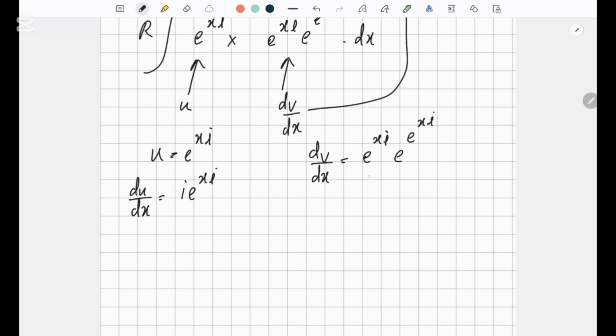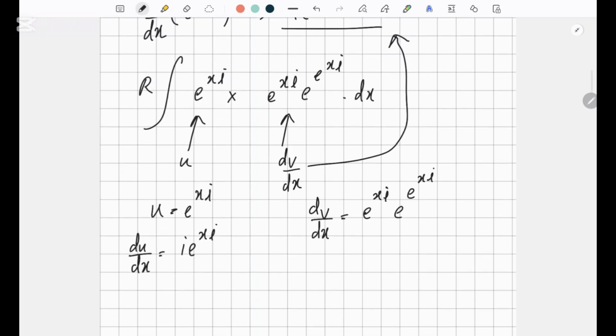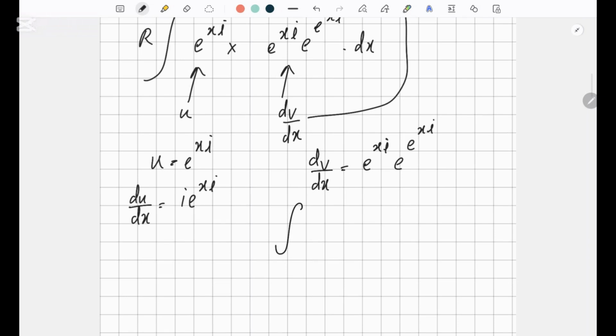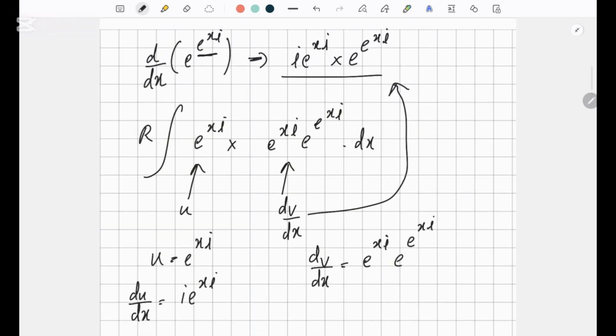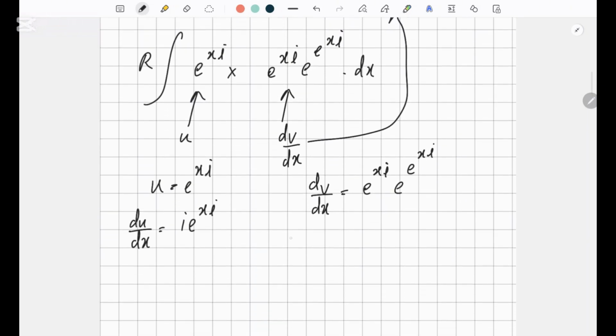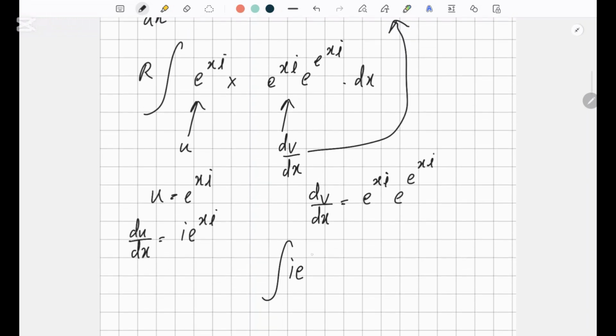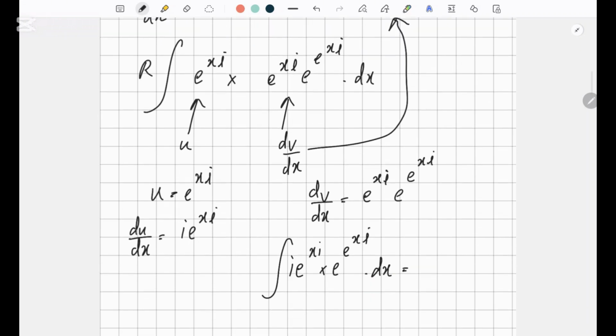So what's the integration of this now? If you integrate i e to the power xi into e to the power xi, you get e to the power xi, right?